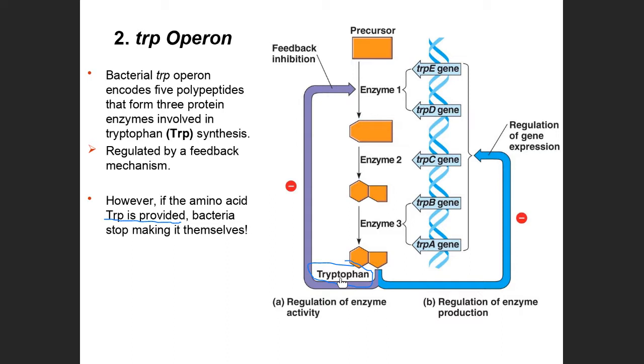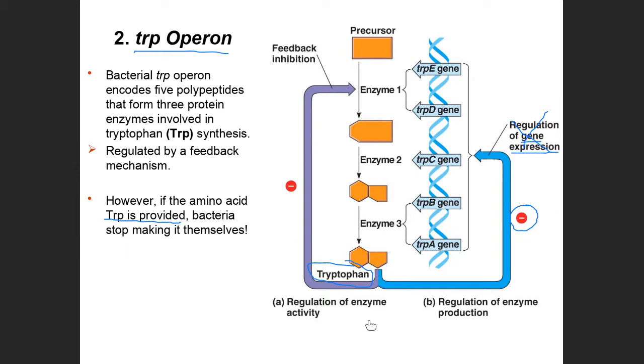So any excess tryptophan will negatively feed back on gene expression. In other words, any excess tryptophan will function as a co-repressor, having a negative effect on gene expression of the trp operon. Excess tryptophan will turn off gene expression of the trp operon.